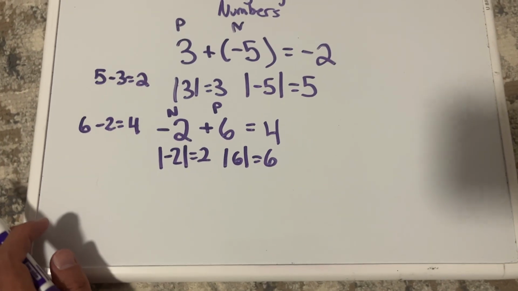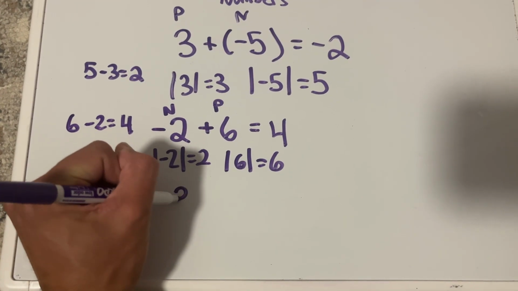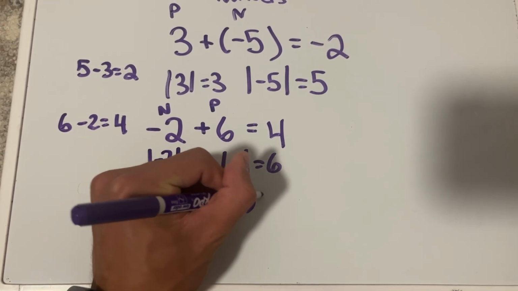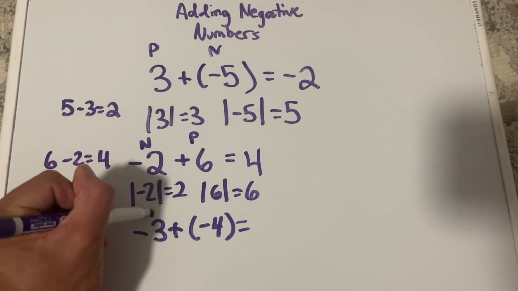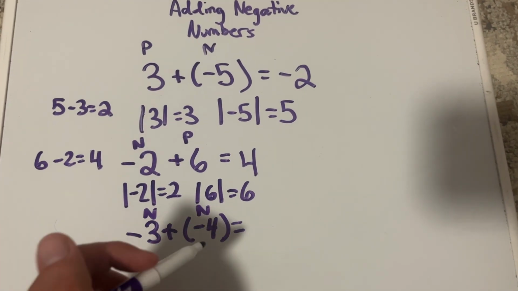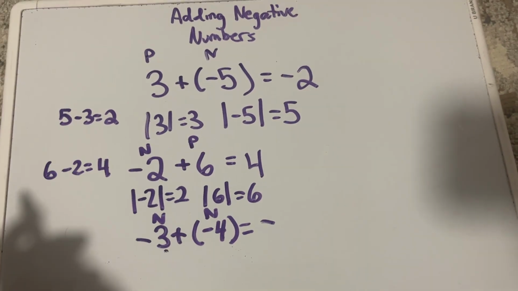But what if I have two negatives? Negative 3 plus negative 4. What's nice about them both having the same sign, they are both negative, is that you can just keep the sign because they are the same.